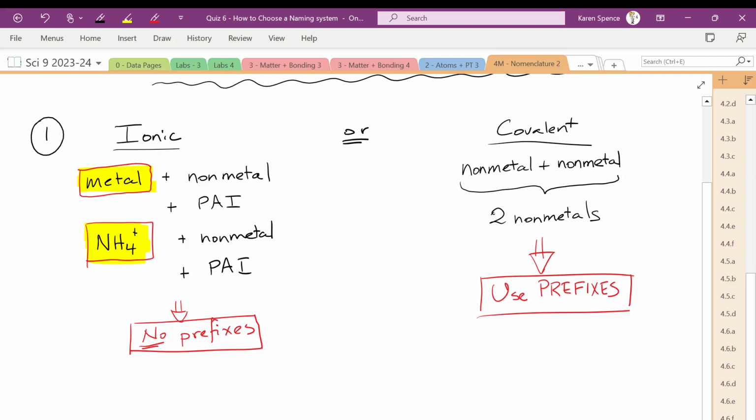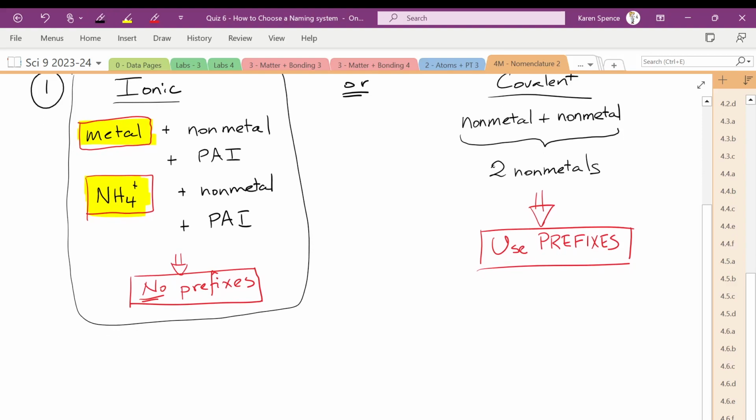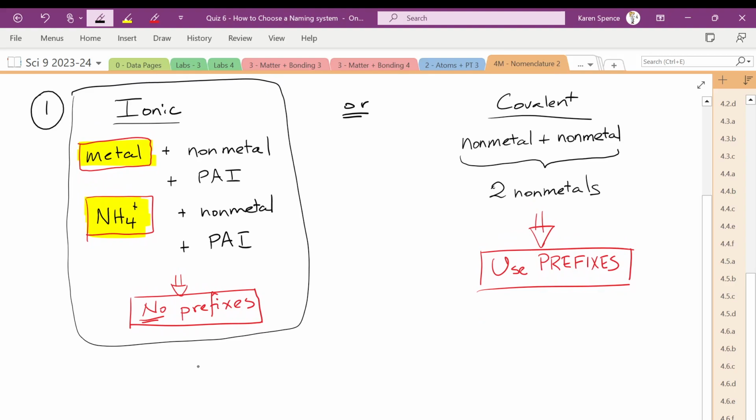From there, we're going to take a second little look at things, and we're going to say, if we have ionic, the second thing we need to ask ourselves is, does it need a Roman numeral?